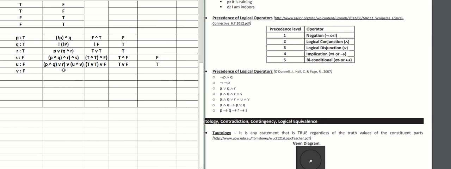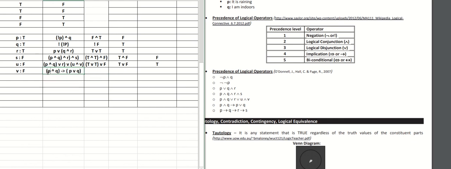Okay, so it will look like this: open and close parenthesis P and Q, and we copy the then implication and the open and close parenthesis P or Q. Now that we follow the precedence level, we first get the AND and the OR.